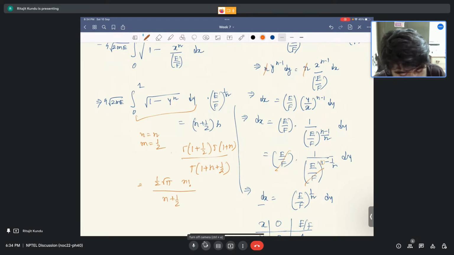Okay, so because there is a half sitting here, we cannot actually write it in terms of factorial, so let's not do that. And then we are left with 4 square root 2m E times E by F to the power 1 by n times this constant.